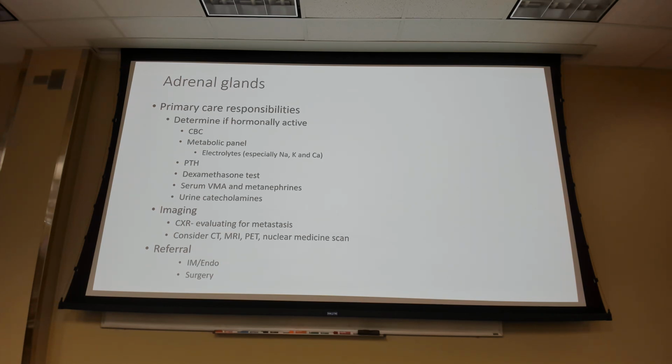And we want to look at urine catecholamines. We usually get a chest x-ray. And then you could consider CT, MRI, and a referral for these patients. Typically, I would hold off on scans and talk with the internal medicine or endo doc or surgeon first before ordering any of these further tests. They may want to order them themselves, depending on what you have at your facility and what tests you can run.